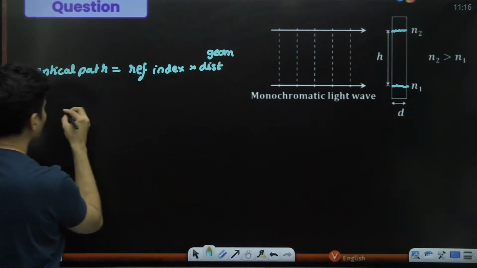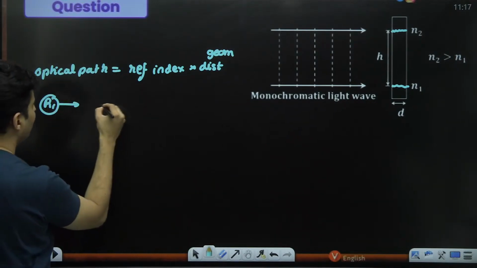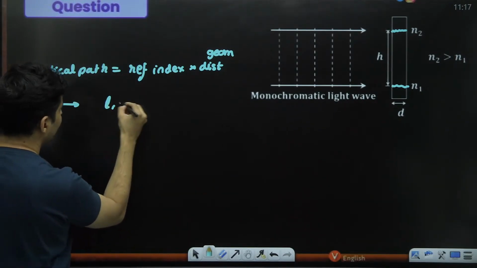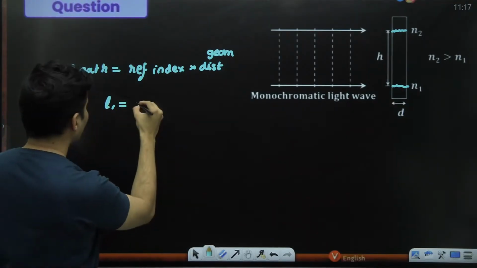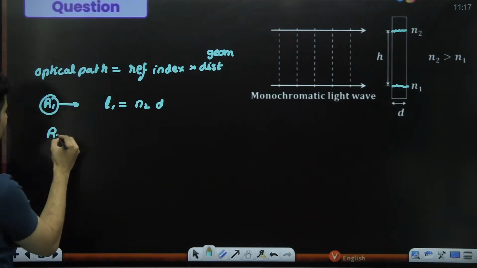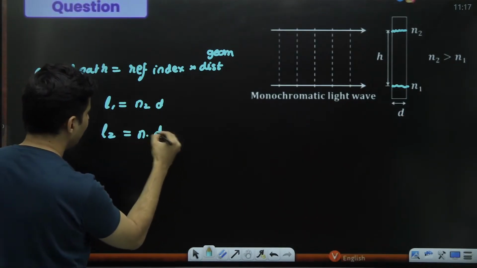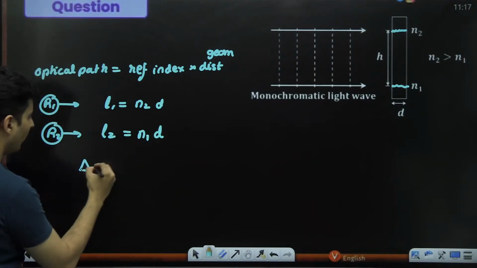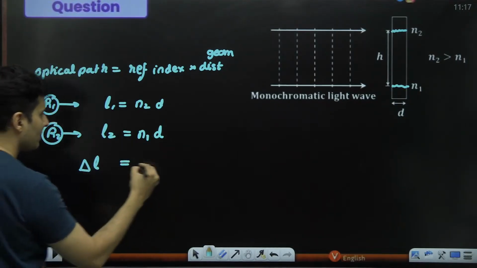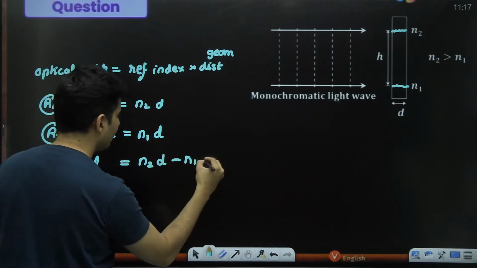So for ray number 1, the optical length will be n2 multiplied by d. For ray number 2, the optical length will be n1 multiplied by d. So the optical path difference will be n2d minus n1d.